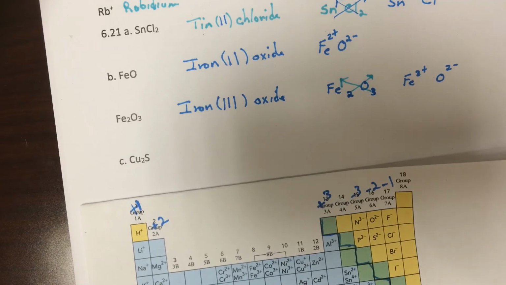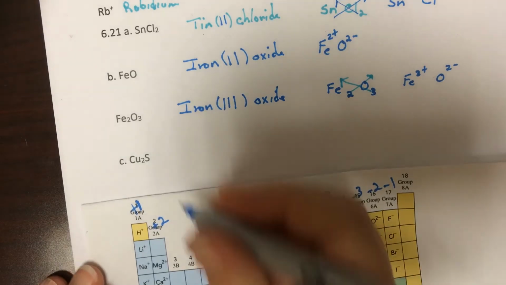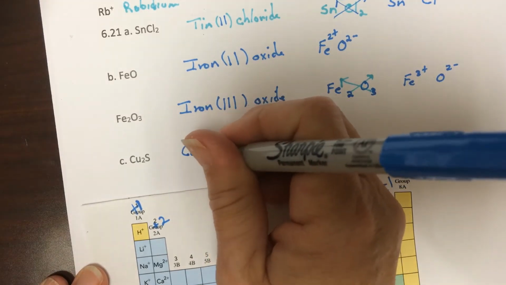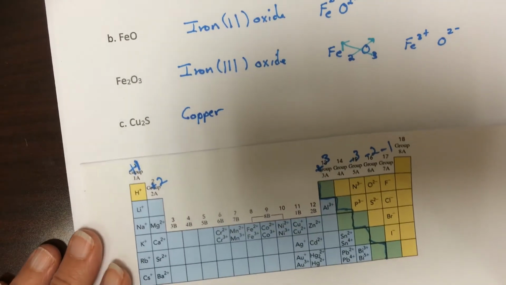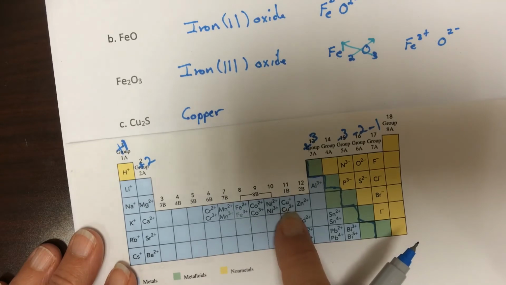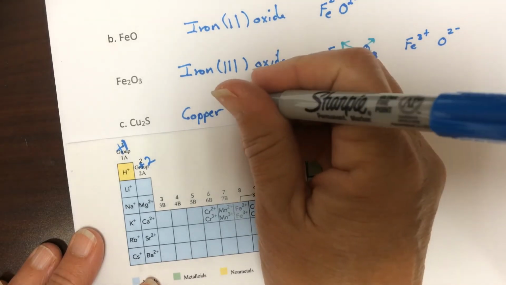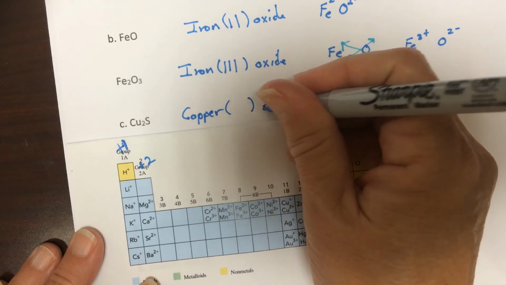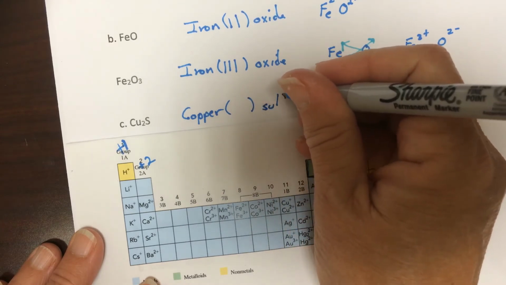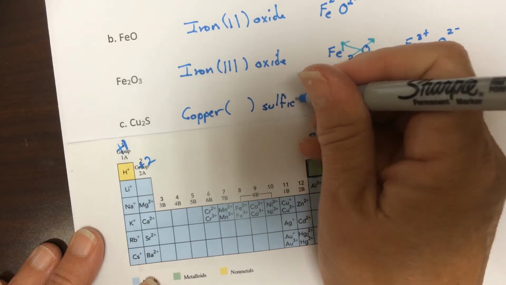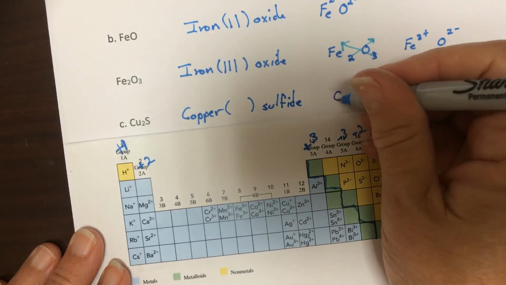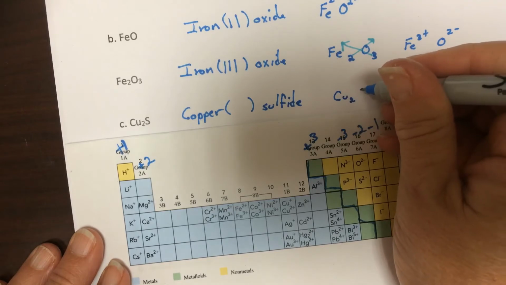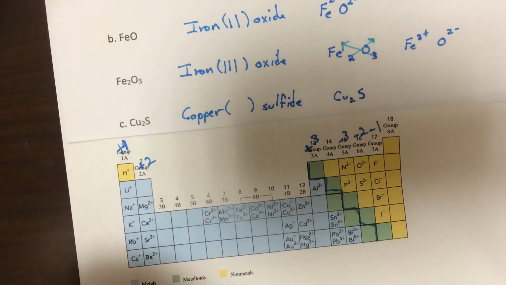Here we have copper sulfide. And copper is one of our transition metals. So it's going to have the Roman numerals. We've got 2 copper ions and 1 sulfur.